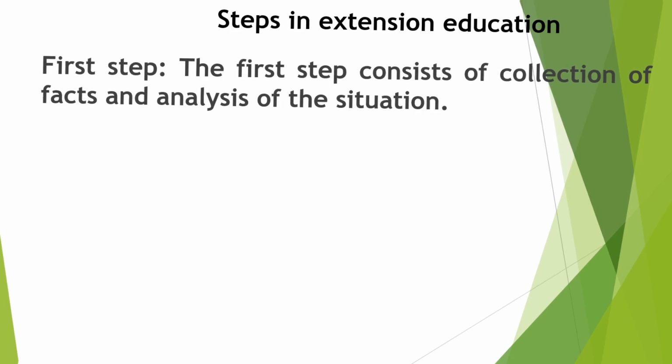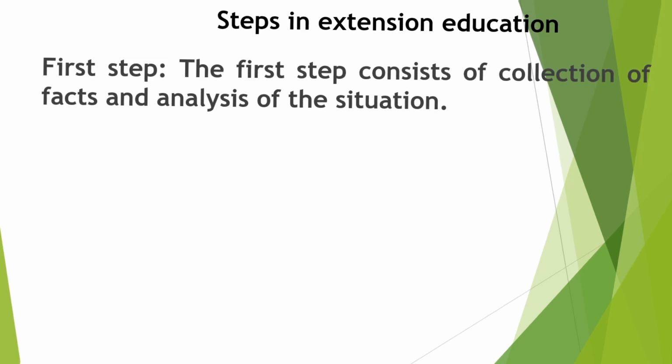You can even use key informants, pick up major persons who would be able to serve as good guides in the process. So the first step consists of collection of facts, and then you analyze the situation. These may be obtained, as we said earlier on, through many processes.